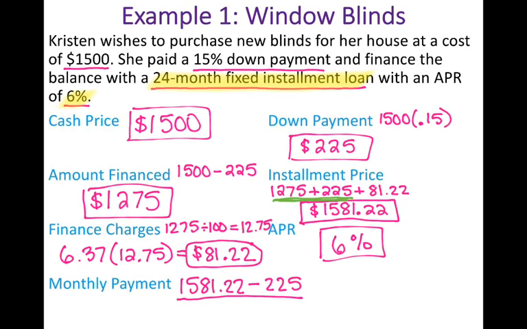So this loan is taking place over 24 months. So divided by 24, and then I'm just going to calculate that out. So I have 1581.22 minus 225 divided by 24. So that means for her blinds, Kristen is going to end up paying $56.51.